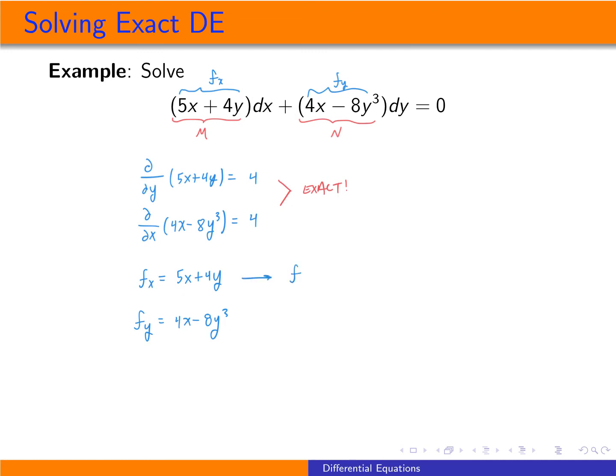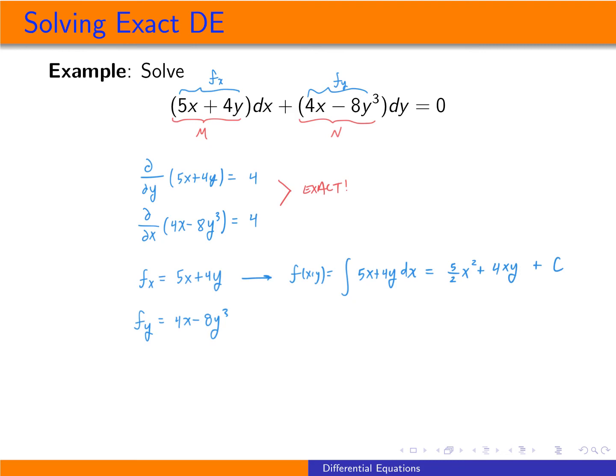From the first equation, f can be represented as the integral of 5x plus 4y with respect to x. So anti-differentiating, we would have 5/2 x squared. Remember, with respect to x, y is a constant. So its antiderivative would be 4xy, and it's an indefinite integral, so we have plus an arbitrary constant.